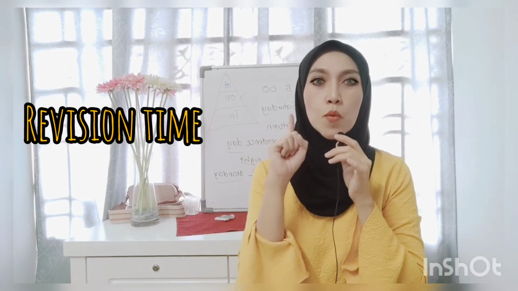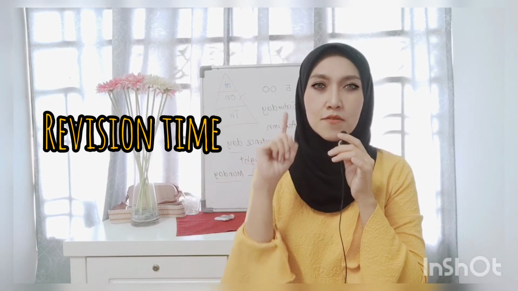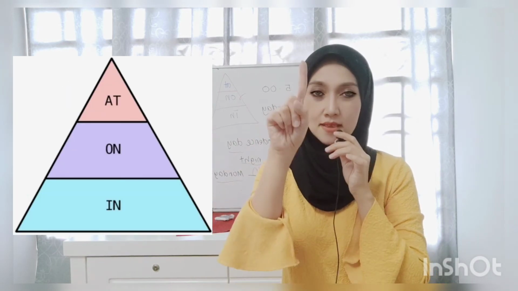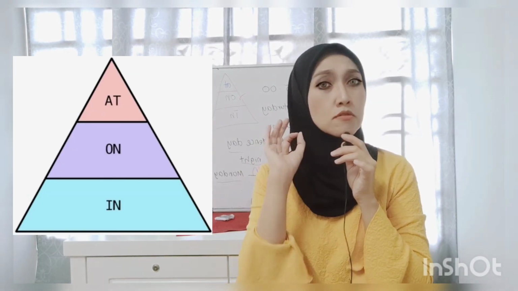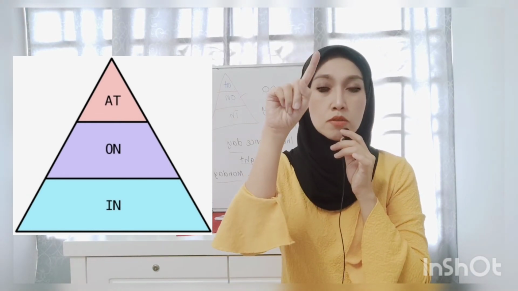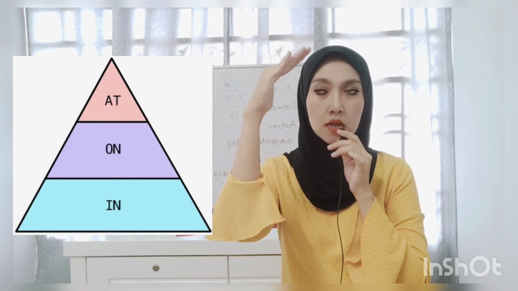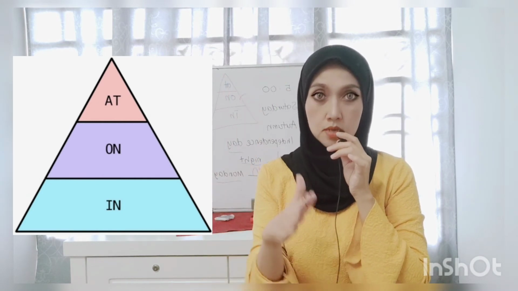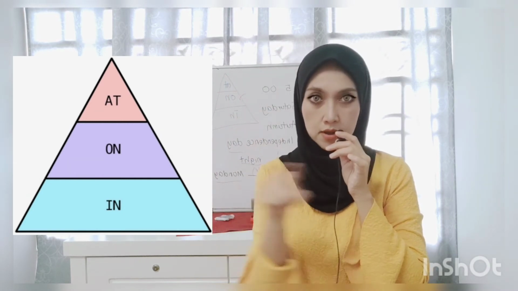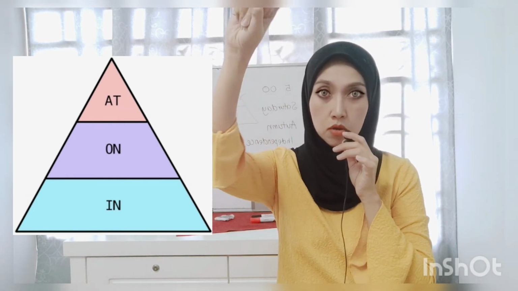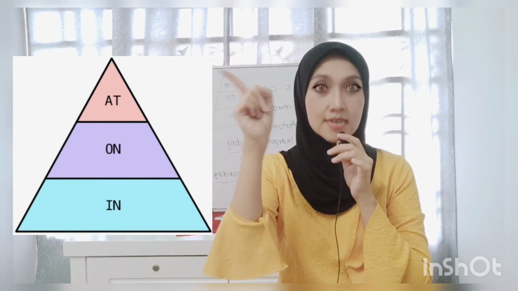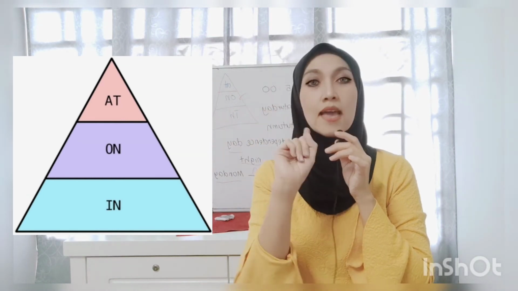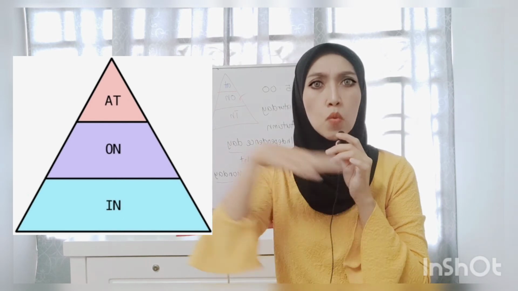Easy, right? So let's revise. The first thing I mentioned is the triangle method. I need you to remember and understand it well. When you want to identify which one to use, you can always refer to that triangle. The narrowest on top is at, the second one is on, and the last one is in, the widest.